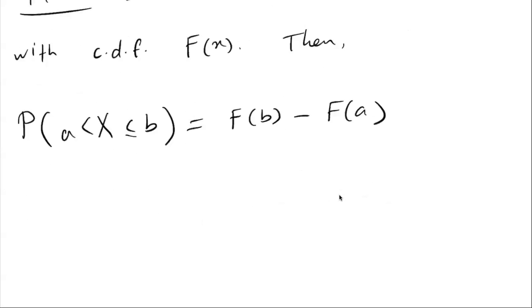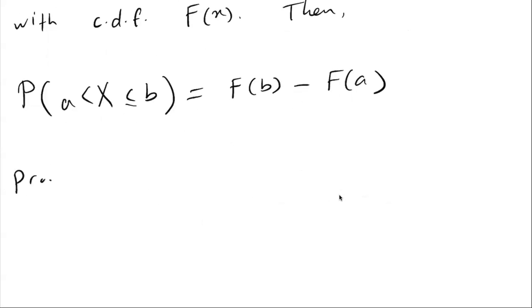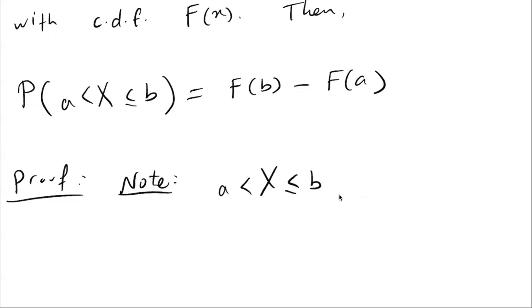So let's see why. Proof. Note that this event here, X bigger than A, less than or equal to B, can be written as the event X less than or equal to B minus X less than or equal to A. Because what is the meaning of X bigger than A less than or equal to B?